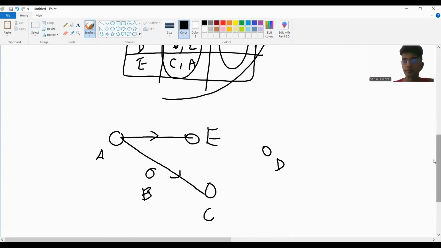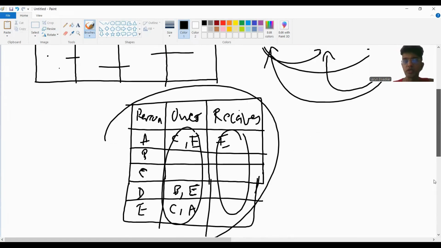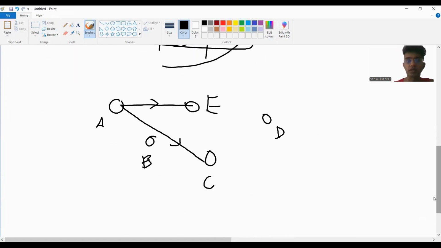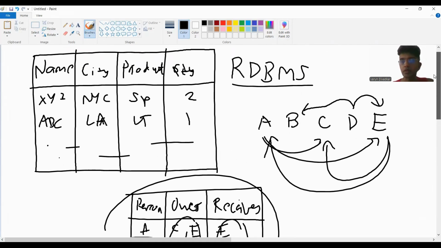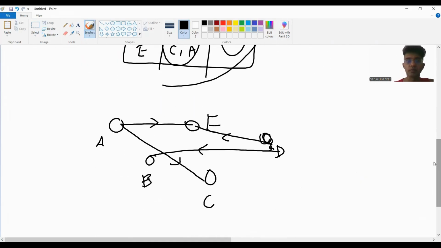And then D owes money to B and E. And then E owes money to C and A.